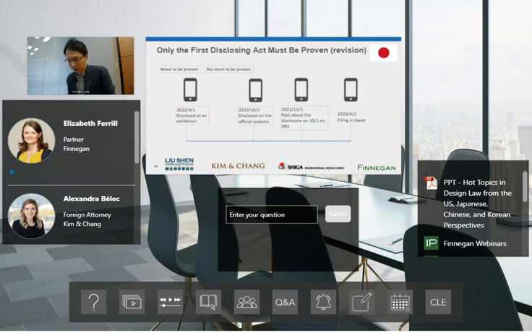So with this example, it is sufficient to prove the first disclosing act on April 1st. And you can omit the further disclosure on October 1st and November 1st.